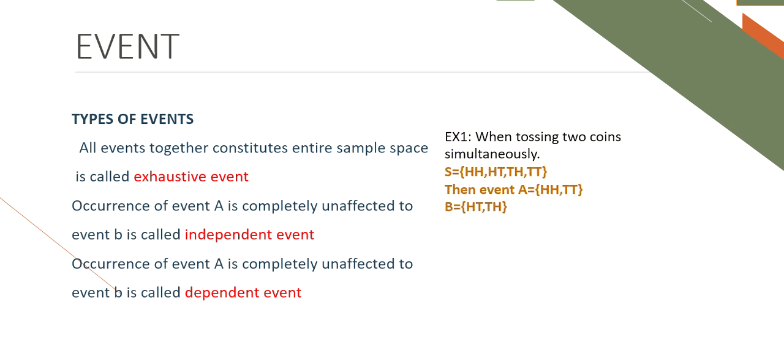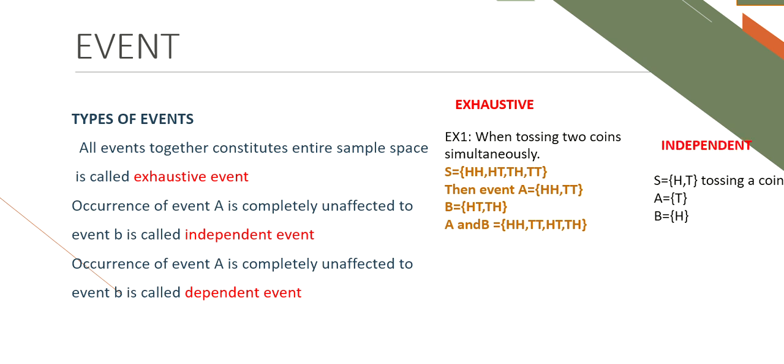Does it get affected? No. A and B together comprise the entire sample space, so it is an exhaustive event. One more example: tossing a single coin, T and H occur. The occurrence of one does not affect the other, so I call it independent.